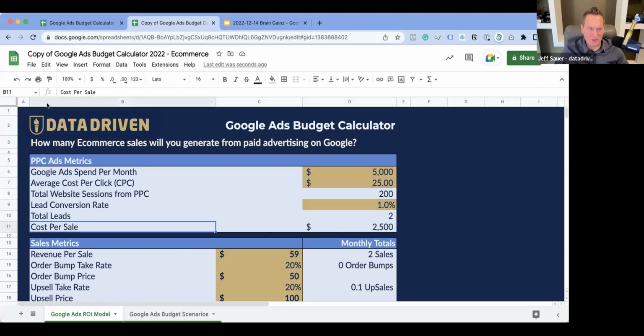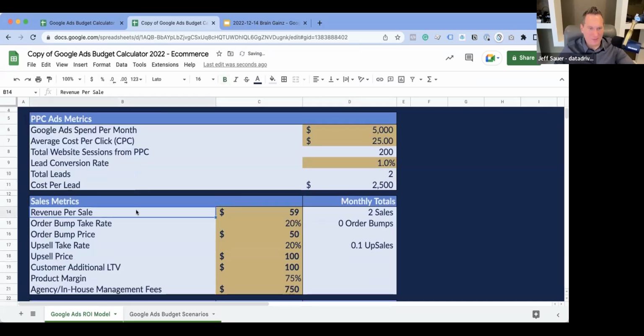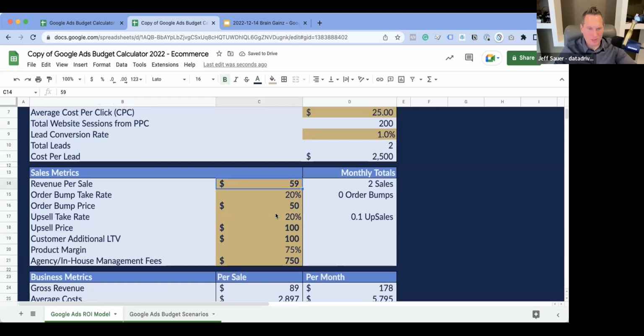So cost per lead would be here, and then we're actually going to get rid of the revenue per sale. The problem is I'm basically making this the lead generation calculator, but doing it manually. So they get 2 leads, and then say that 50% of them are qualified.